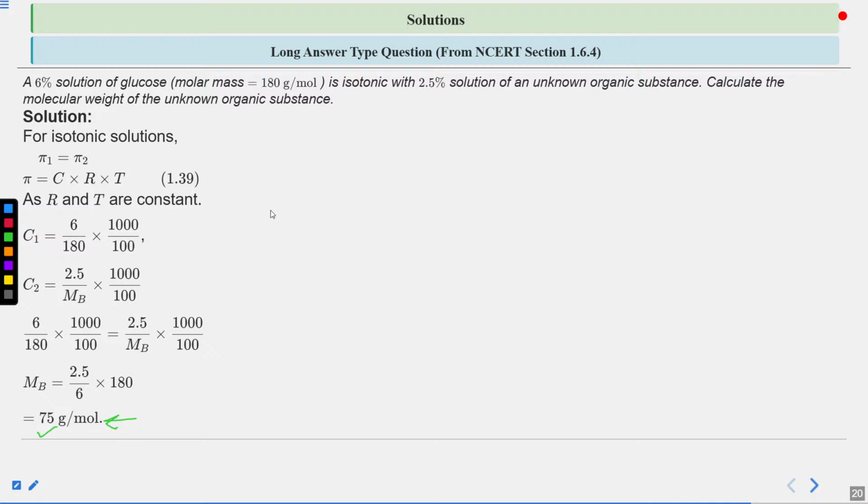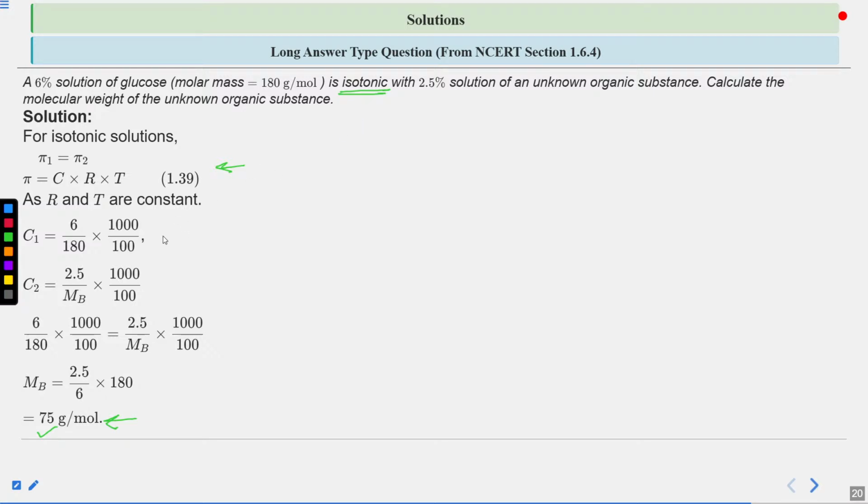So what you have done in this question: first of all, you consider what is given in the question, then you relate that with the concept you know from this chapter, and then you pick one formula that will be applicable to this question. After writing it, you relate what is given: the two solutions are isotonic, that means their osmotic pressure will be the same, that means their concentration will be the same.